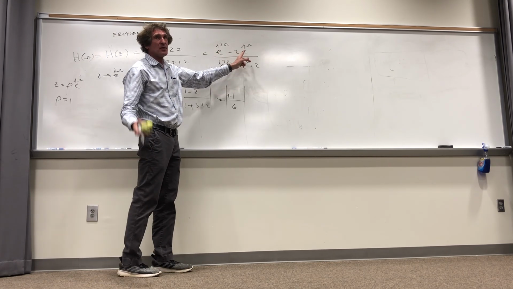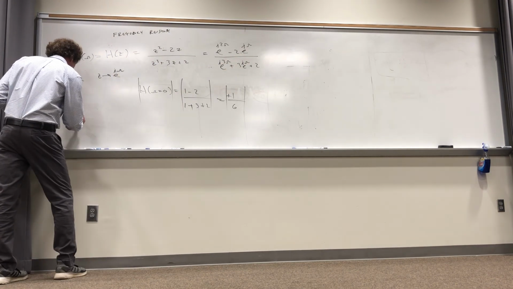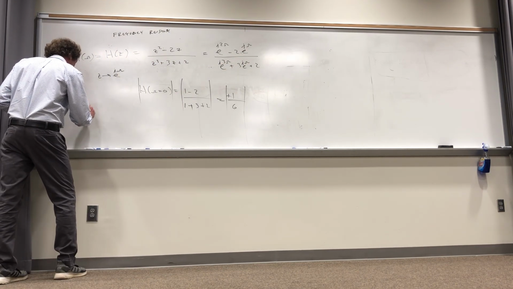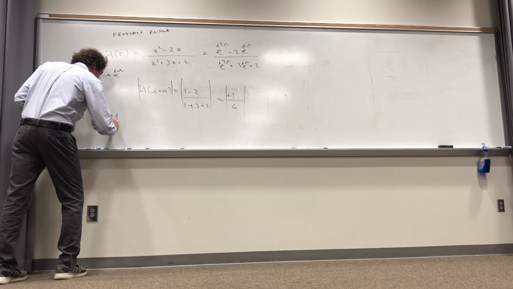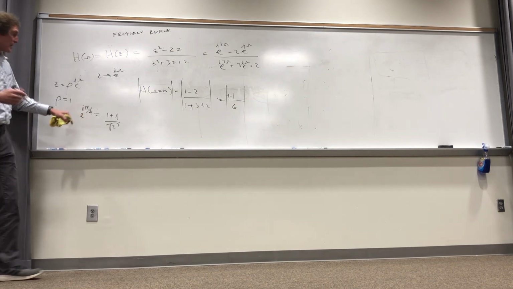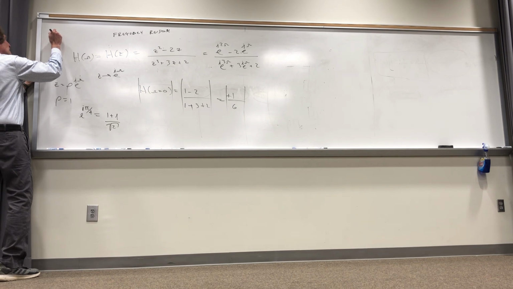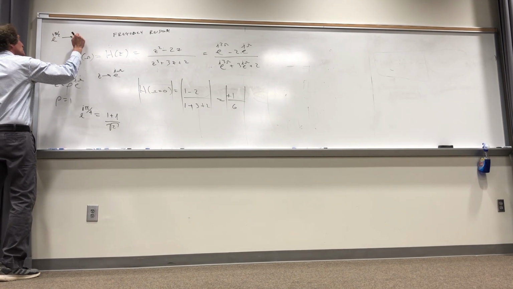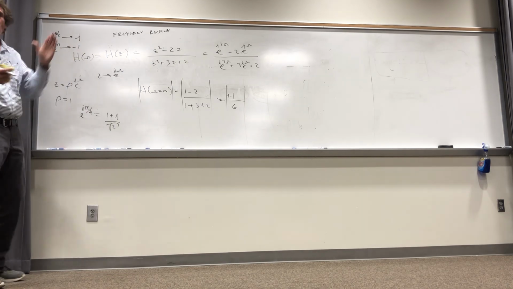E to the j pi over 4 is really equal to 1 plus j over the square root of 2, because this is cosine of pi over 4 plus j sine of pi over 4. The cosine and sine of pi over 4, 45 degrees, are 1 over square root of 2. If you have e to the j pi over 2, that's simply j. E to the j pi is minus 1, and you can fill in all the other things.